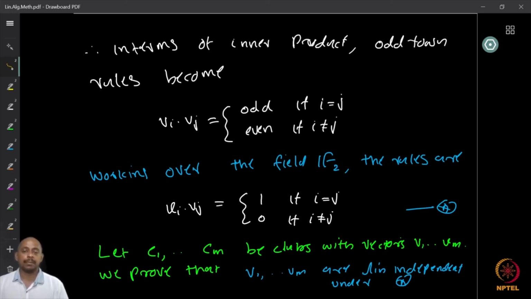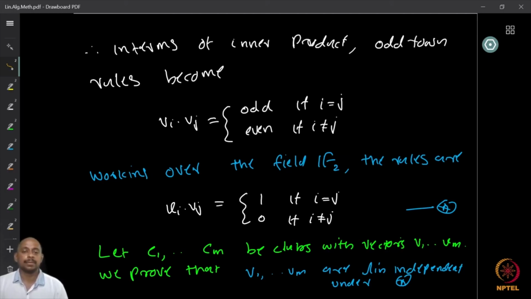An odd number gives 1 as a remainder, and when it is even, you get 0. Therefore, vi dot vj is 1 whenever i equals j, and 0 when i is not equal to j. This clearly captures the requirements of the odd town rules: any two clubs have inner product 1 when i equals j and 0 when i is not equal to j, so each club has an odd number of members and any two have an even number in common.